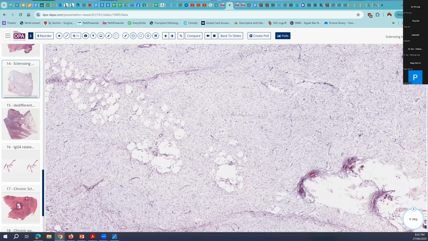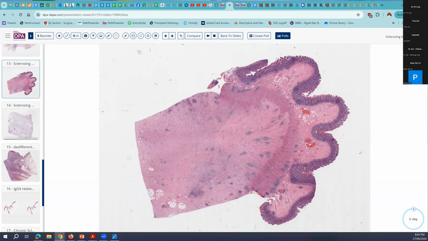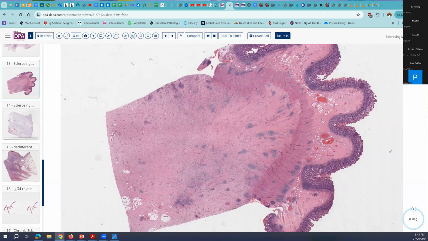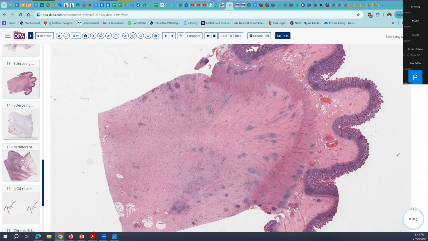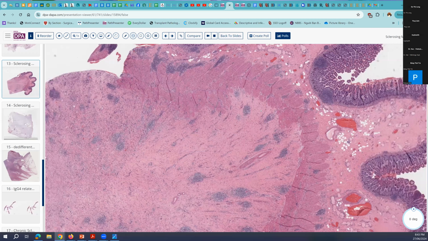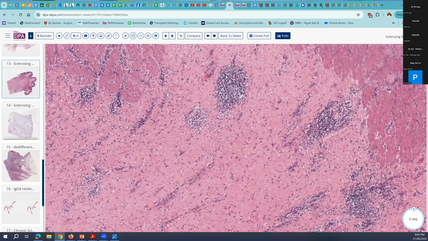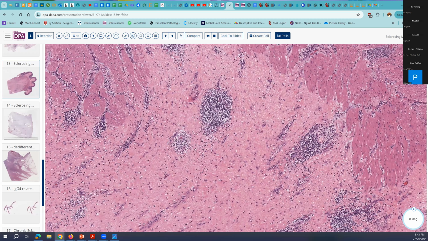So coming back to the resected specimen, here we see that there's some mixture of inflammatory cells that come right up to, but don't invade or destroy, the muscularis propria of the bowel. So we can see this pattern of perivascular lymphoid infiltrate. Maybe there's a few plasma cells in here as well.